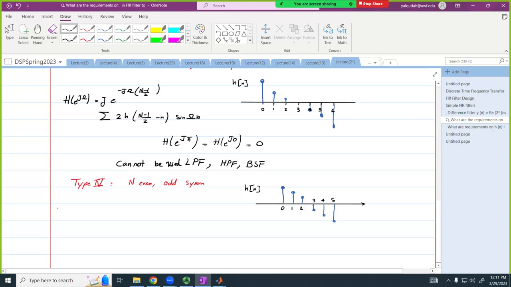Okay, so in this case, we can write H(e^jω) equal to j multiplied by e^(-jω(N-1)/2) multiplied by the summation from n equal 1 to N/2 of h(N/2 - n) sin(ω(n - 1/2)).